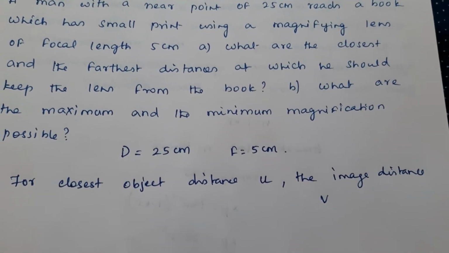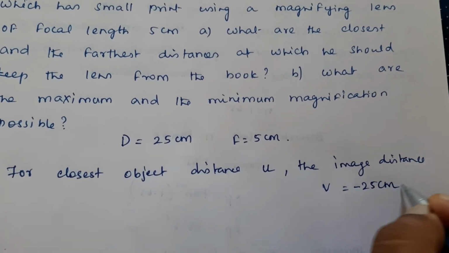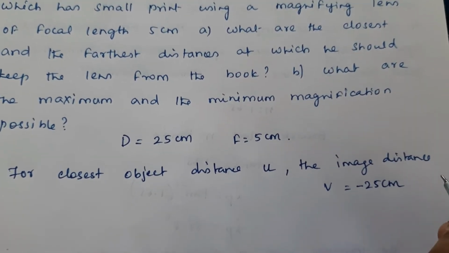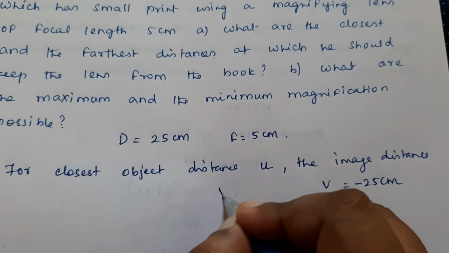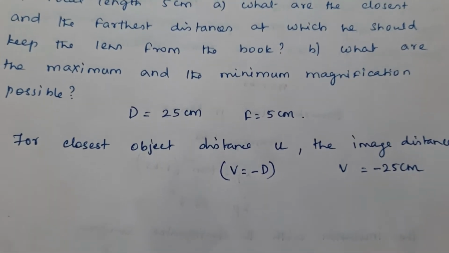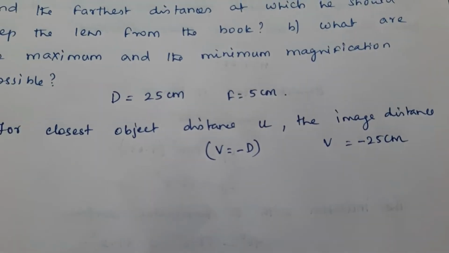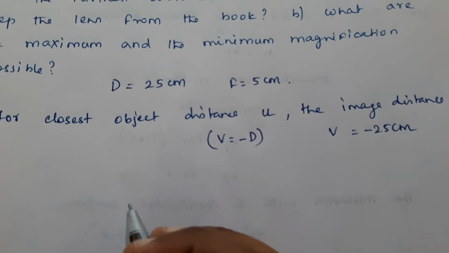Here your V is your near point, so that is minus 25 centimeter. Why are we writing it as minus 25 centimeter? For near point, V is equal to minus D, so that is on the side of the object itself. So V is equal to minus D.